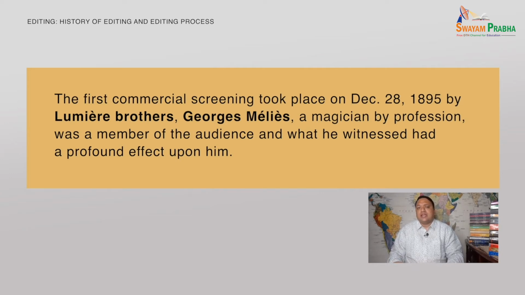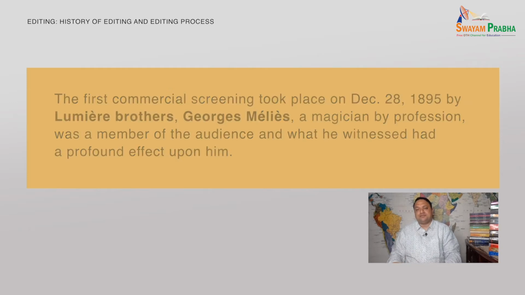As Georges Méliès was not just an illusionist or magician, as he created many illusions on his own, he was also a skillful artificer. He converted the film projector into a film camera, and by April 4, 1896, he was able to hold the first screening of his film.